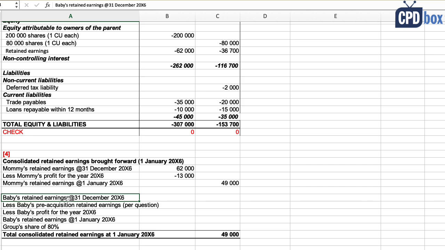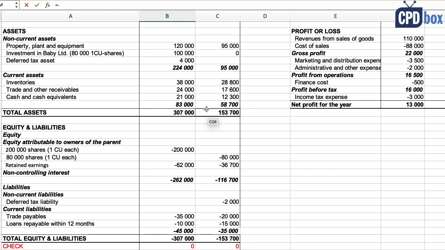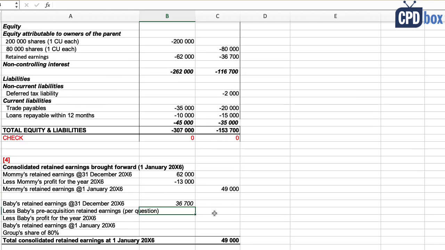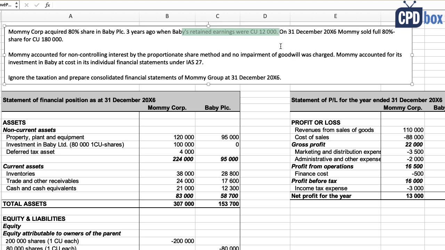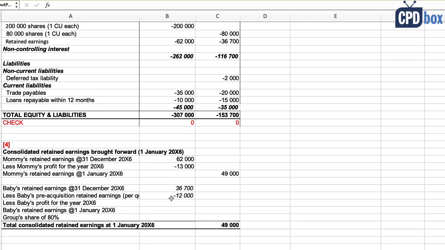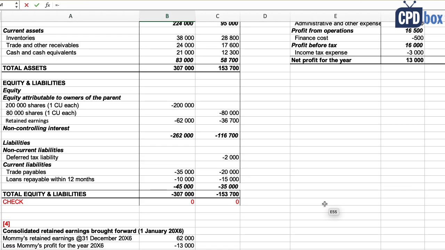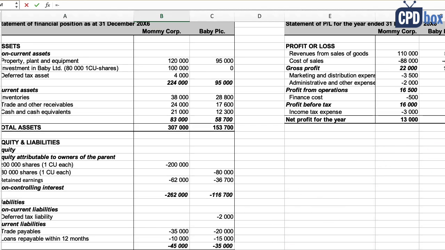Now, group's share on baby's retained earnings at 31st December 2006, it's baby's retained earnings at the end of the year. Again, we take this from the balance sheet, 36,700. Less baby's pre-acquisition retained earnings, and this is said in the question, and we need to deduct it because pre-acquisition retained earnings enter into the goodwill calculation, so they do not belong to the group's retained earnings. That's a basic consolidation rule, and it's 12,000.